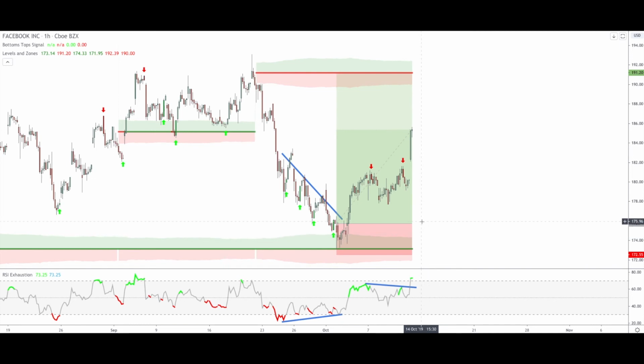Since the price went even higher, I moved the stop loss to break even, approximately at this level right here.